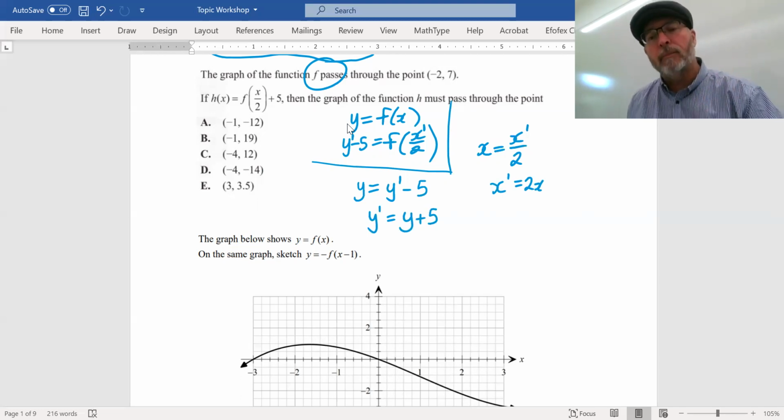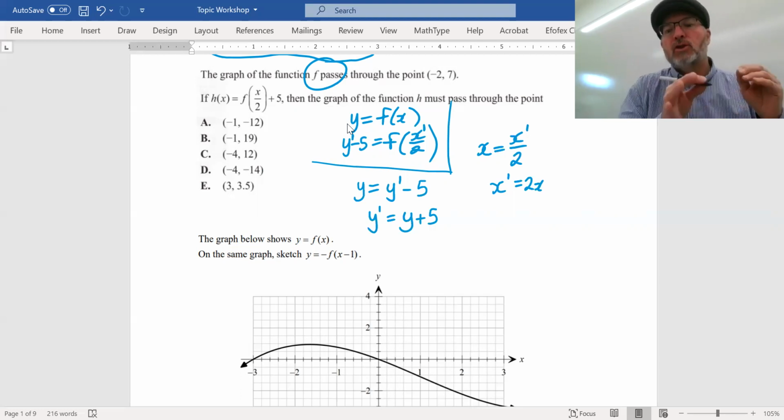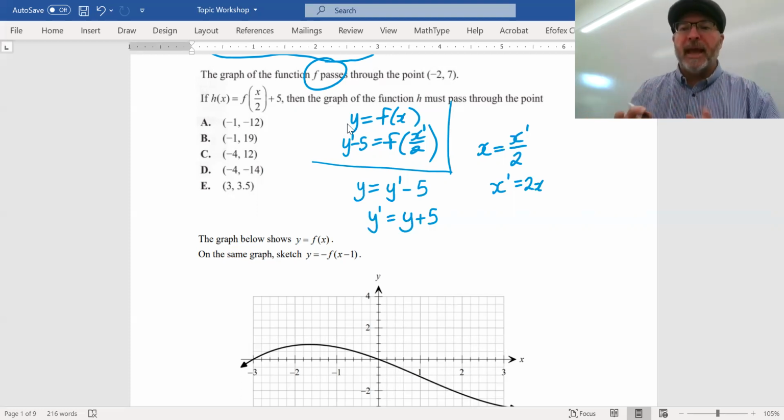Now, what I've determined there by getting x prime and y prime, like I said in my notes at the beginning, is that we know about the transformations that have happened to the original point to turn it into the transformed point. That's what x prime, y prime is, the transformed point, the image point.